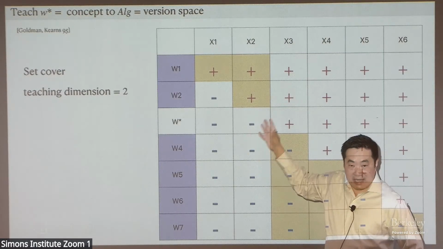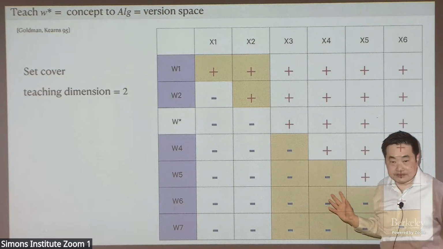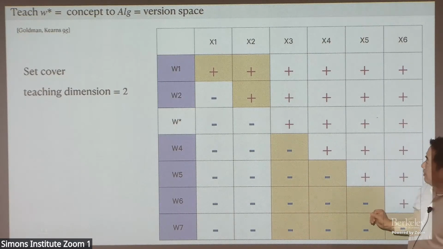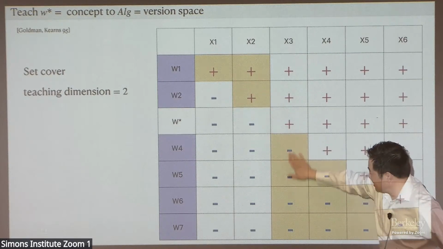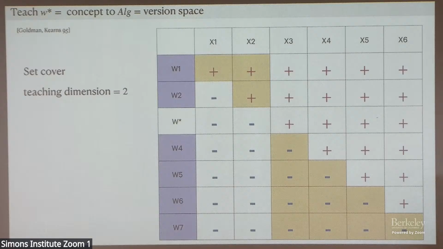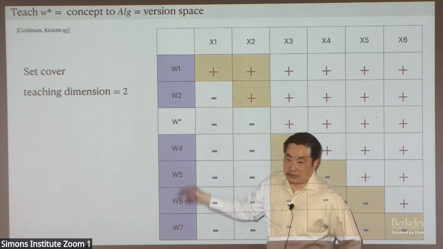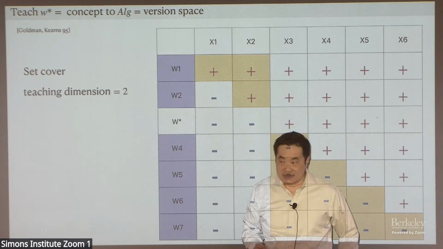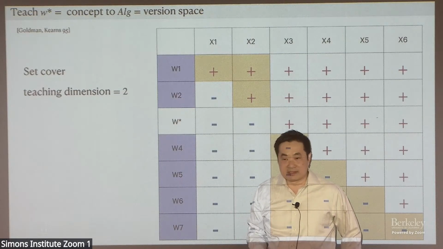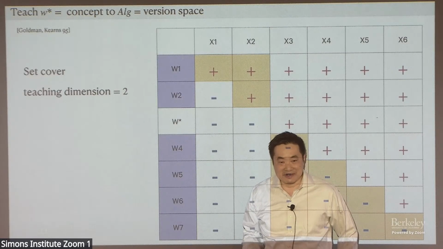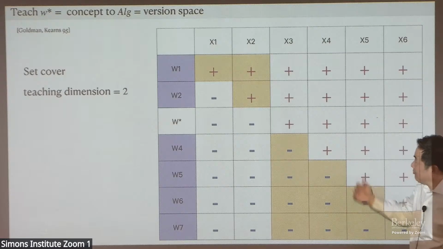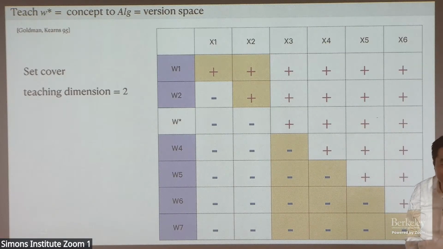Those are the yellows in each column. Now we have subset number 2, subset number 3, 4, 5, 6. We have 6 subsets, and we're trying to cover the purple universe. Set cover problem: find the smallest number of subsets to cover your universe. That will work out to be X2 and X3.